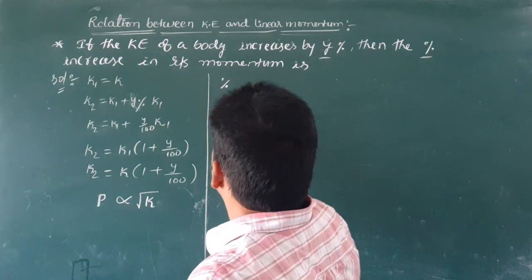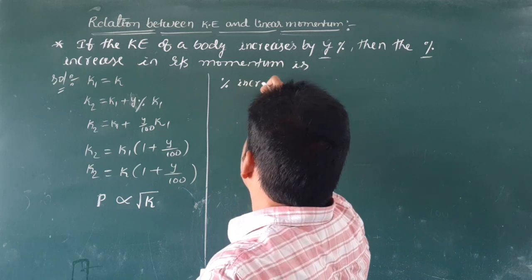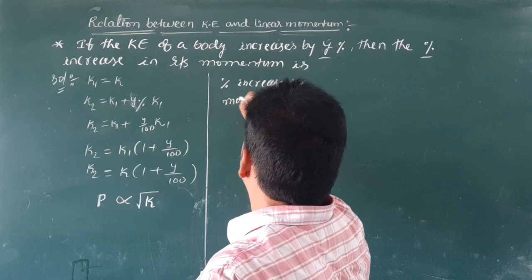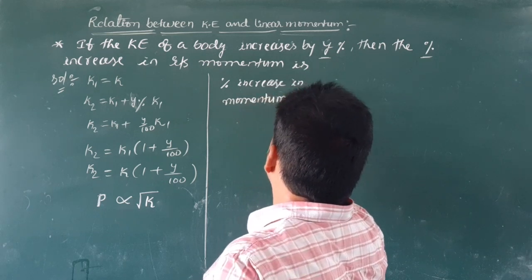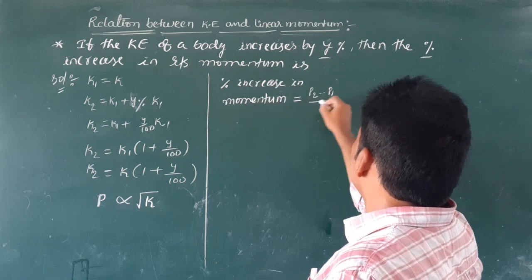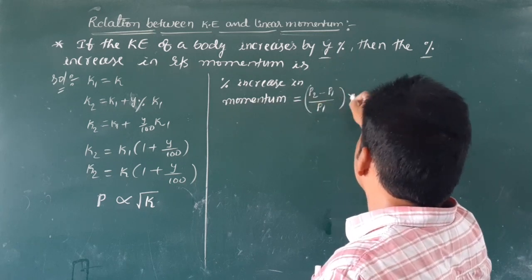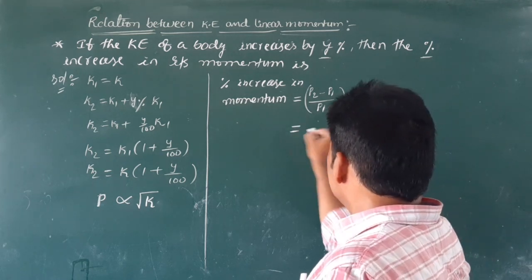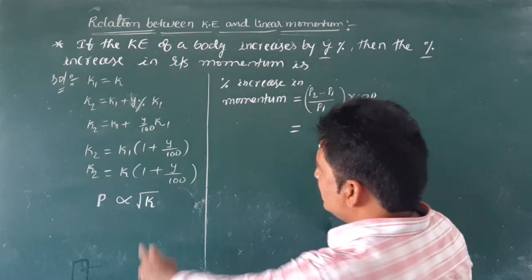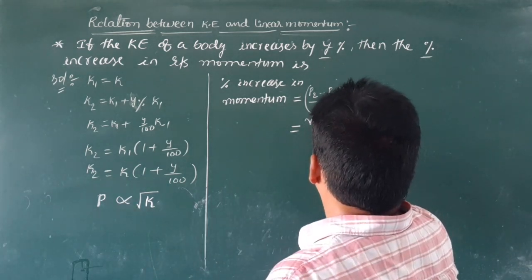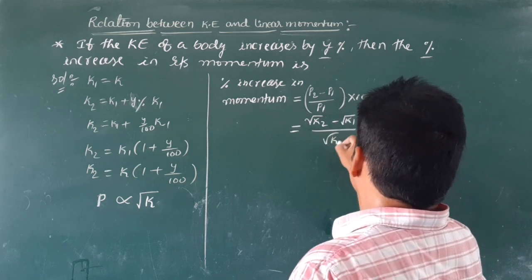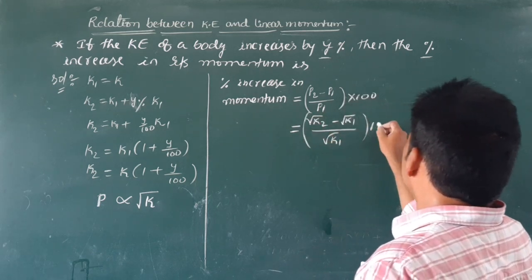See here, percentage increase in momentum is equal to (P2 minus P1) by P1 into 100. Substitute the values here. P2 means root K2, minus root K1, by root K1, into 100.